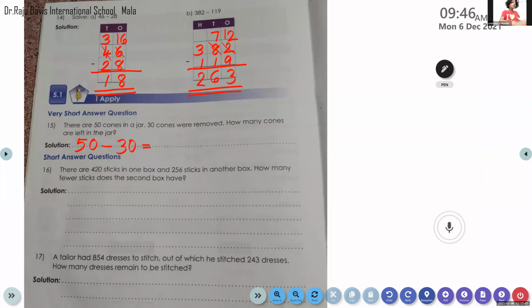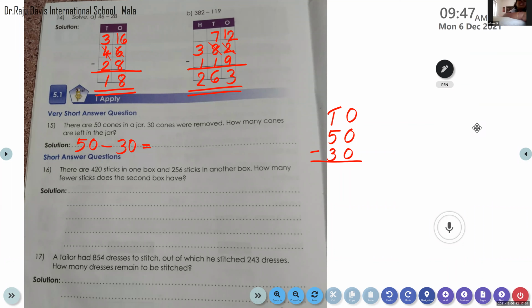Ma'am, I don't understand 31 minus 30. Aradhya, what happened? Which question, Aradhya?